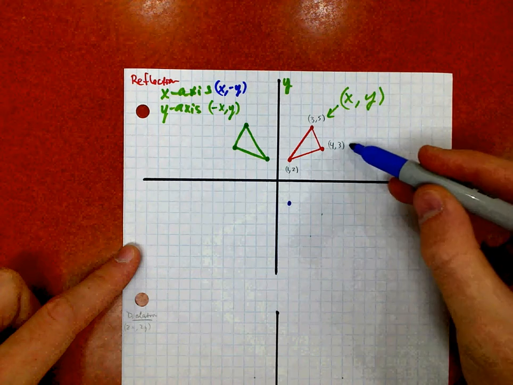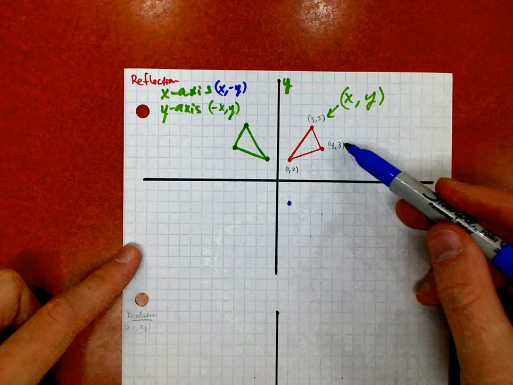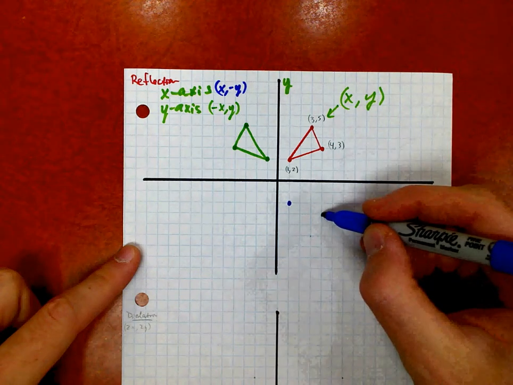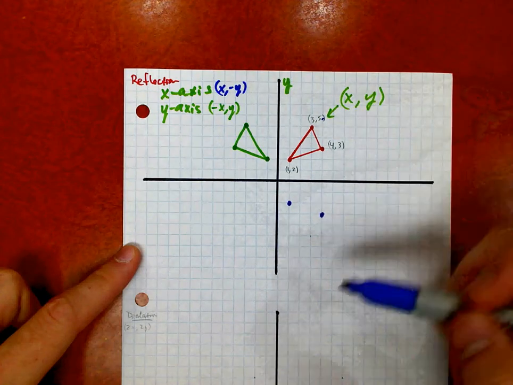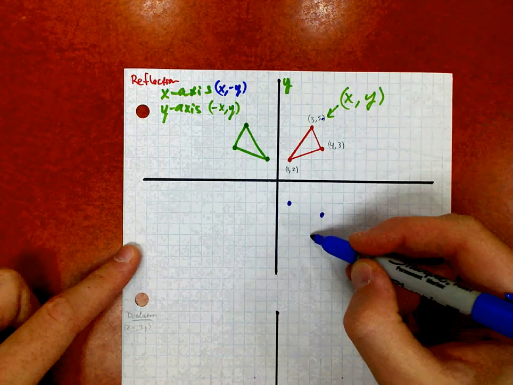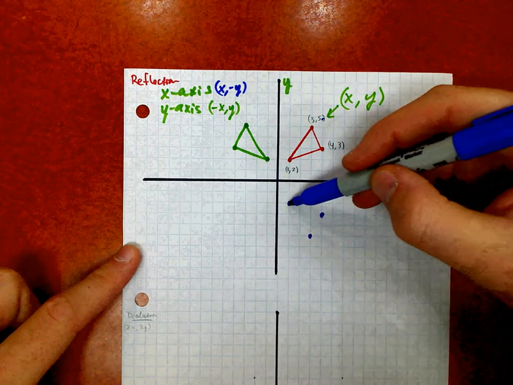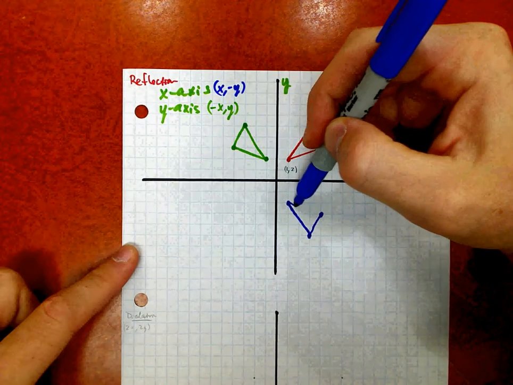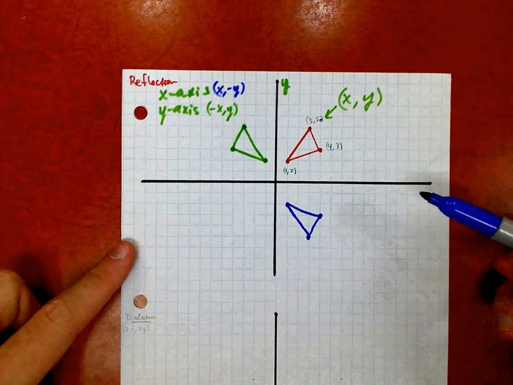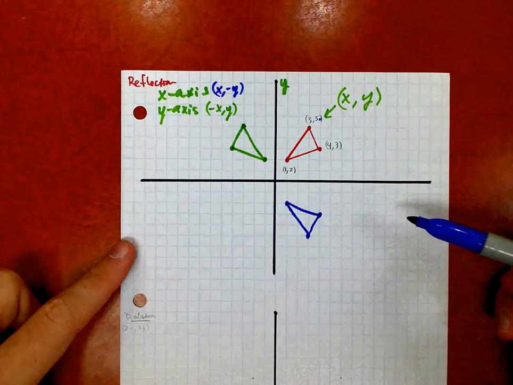And 4, 3 becomes 4, negative 3. While 3, 5 reflects across the x-axis to become the ordered pair 3, negative 5. And there you have a pretty sweet reflection across the x-axis.